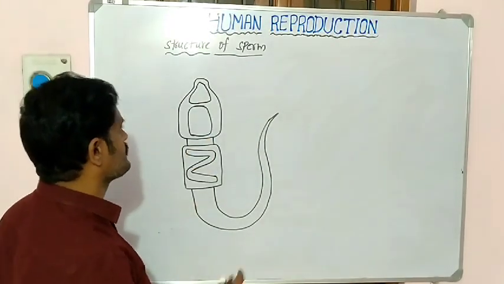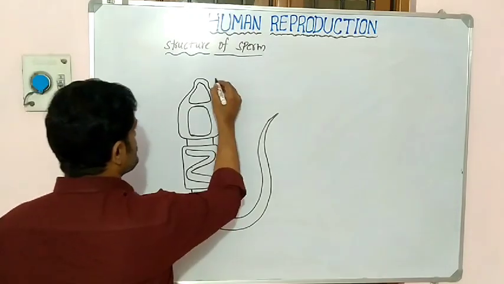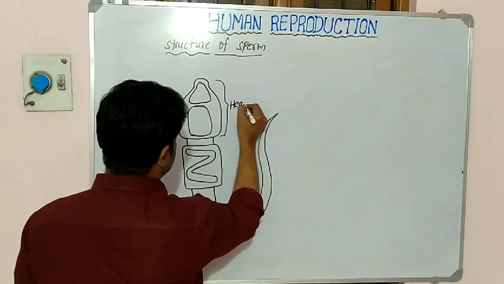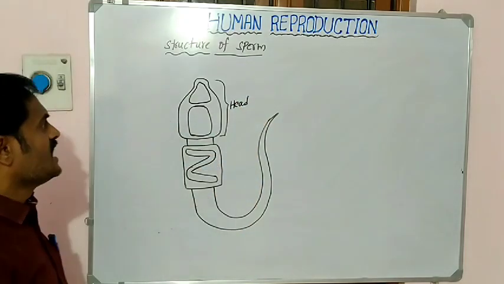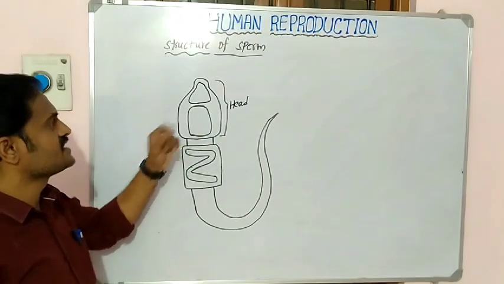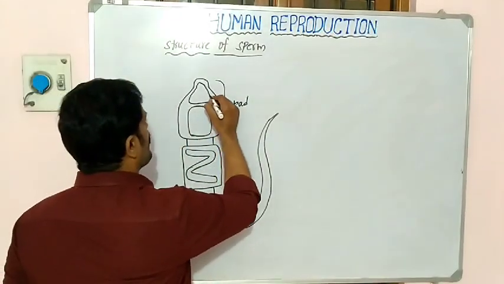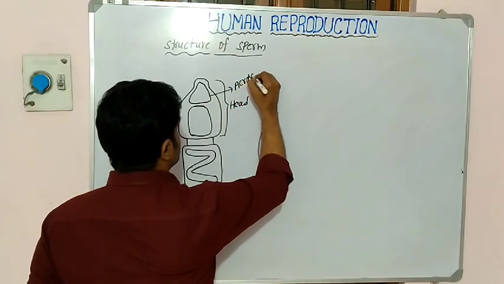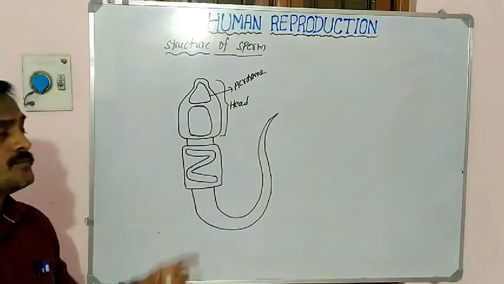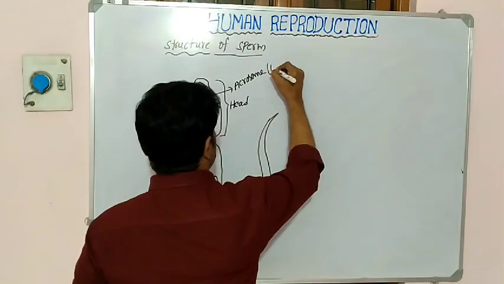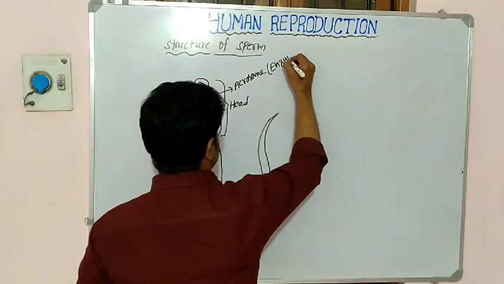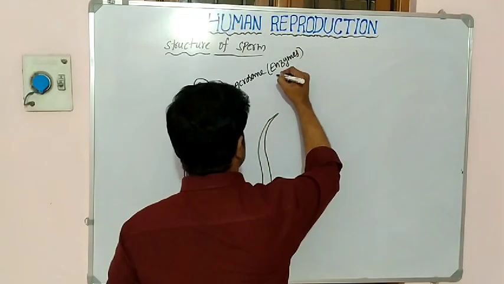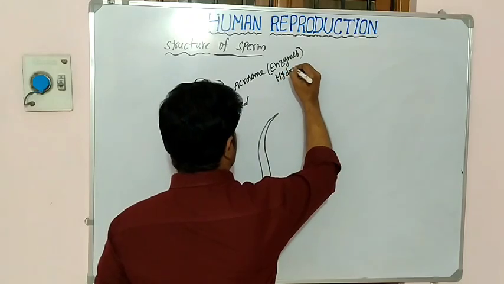The sperm consists of majorly four parts. From here to here, the full portion is called the head. The head consists of majorly two parts. The uppermost part is called the acrosome. The acrosome consists of majorly enzymes, hydrolytic enzymes.